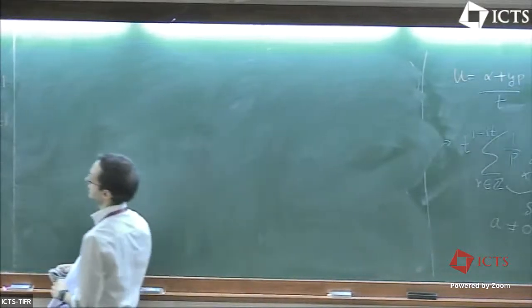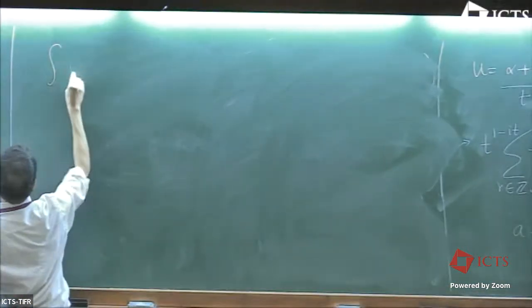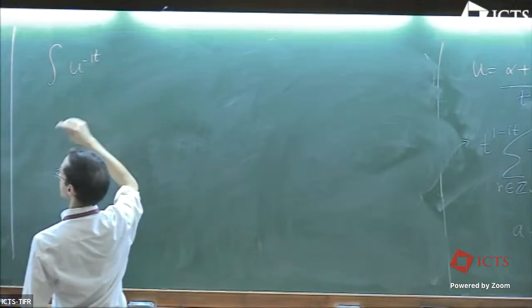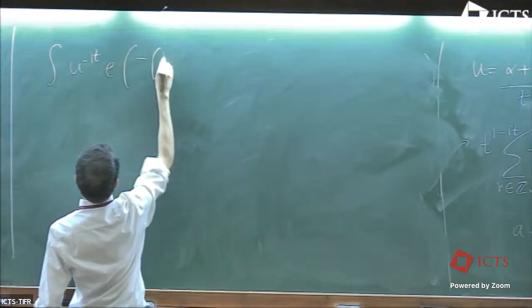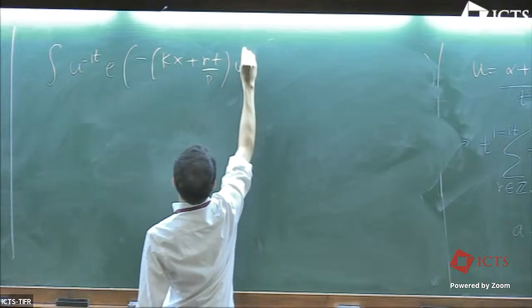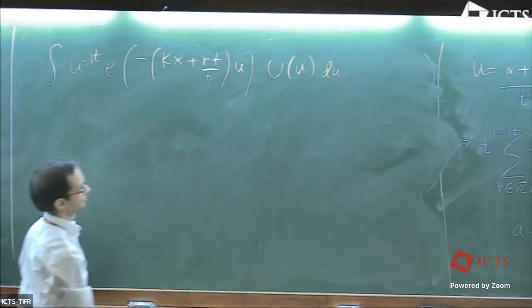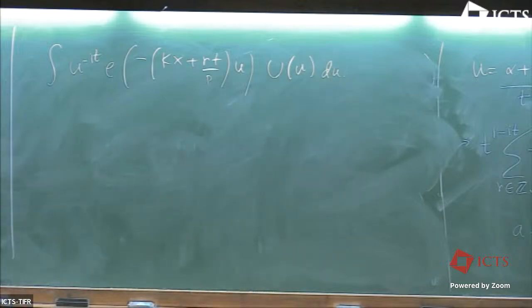And see what you get. So you have this integral, which is u to the negative it, e negative ax plus rt over p, u, and the weight function right here. And for this, we are going to use the stationary phase lemma.